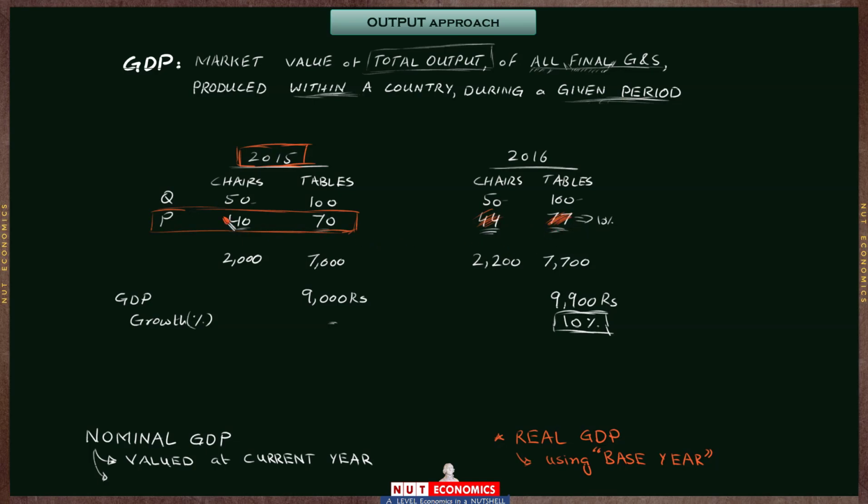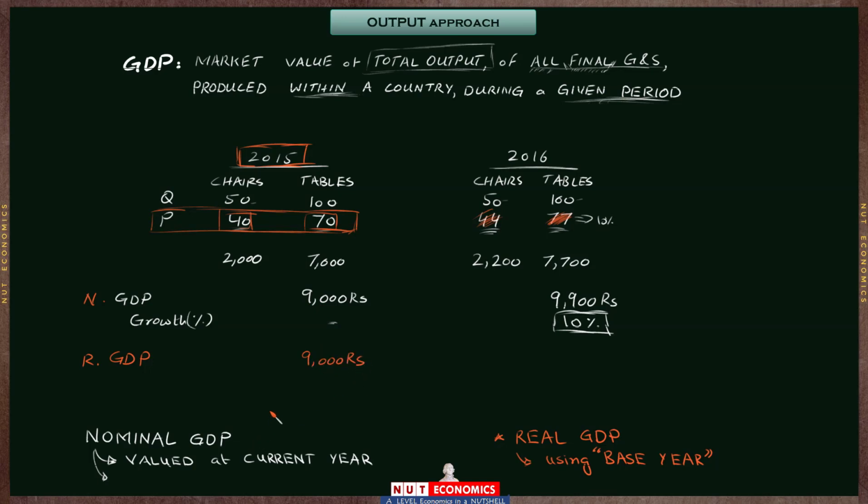Instead, we'll use the prices of this base year. So in 2015, the nominal GDP was calculated using these prices, and since 2015 is also the base year, the real GDP in 2015 will again use the same base year prices.